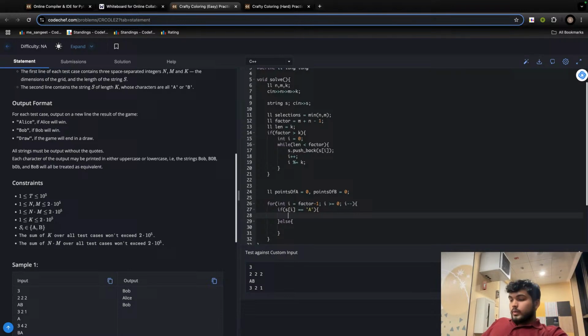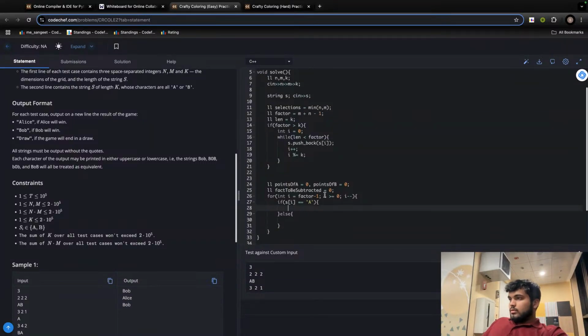What we'll do when this is a, factor to be subtracted, this will be starting with 0, and how many points will we be adding in each assignment of a cell?